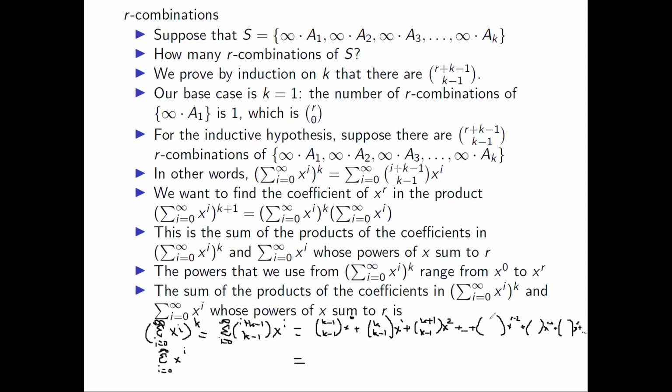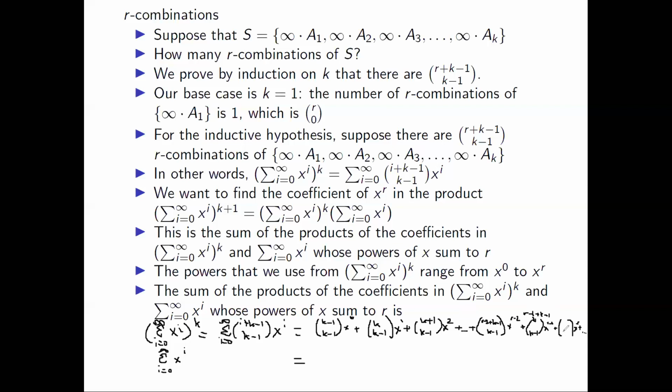So the coefficient next to the x to the r minus 2 is r minus 2 plus k minus 1 choose k minus 1. Then on this one, let me put a little arrow to fit it in there, r minus 1 plus k minus 1 choose k minus 1.